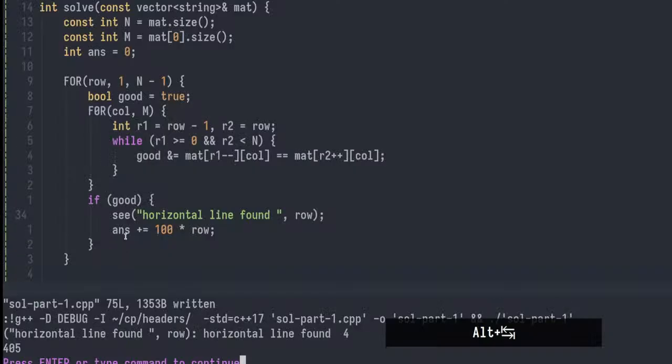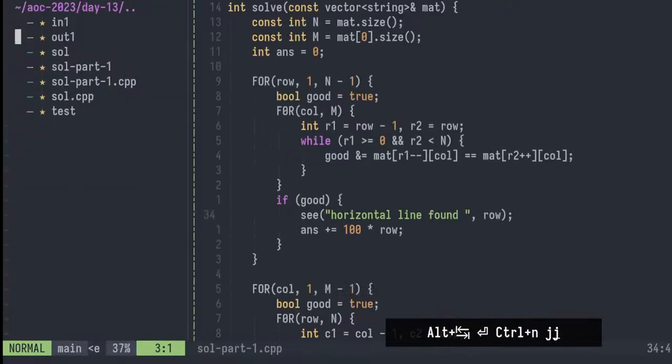So what's the issue here? Let's compare.